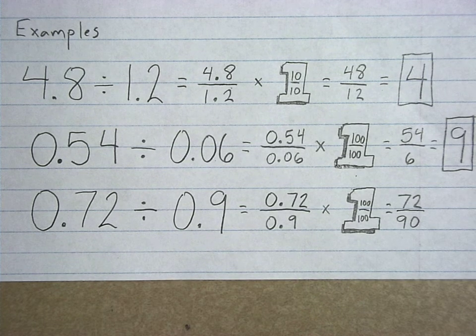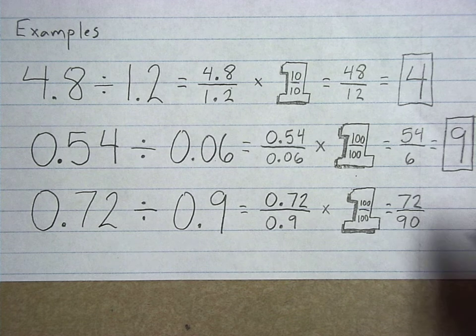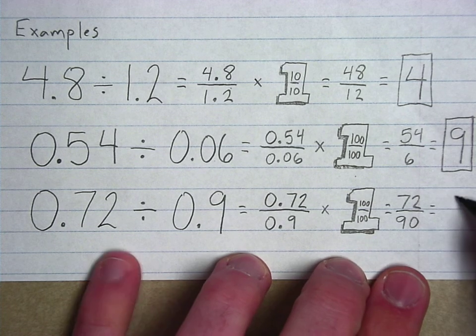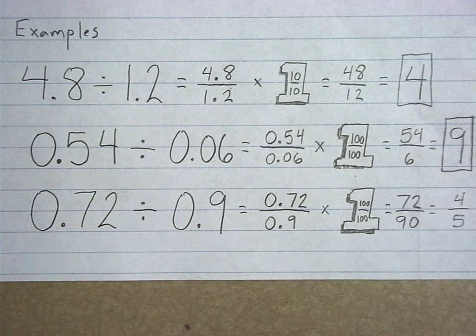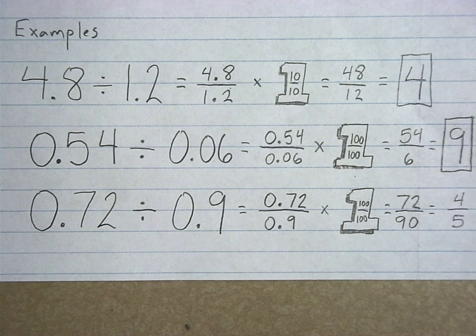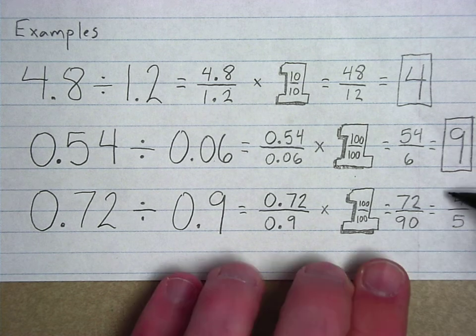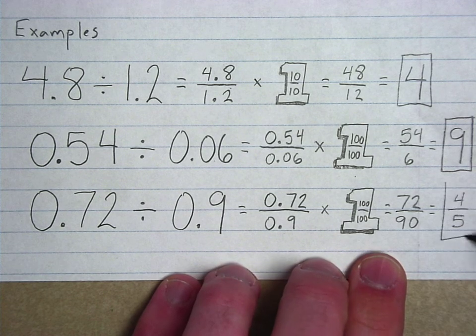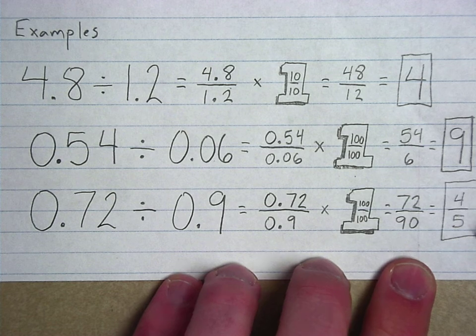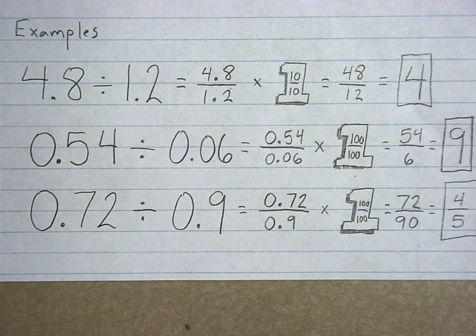Now 72 divided by 90 is not going to work evenly. But if I reduce it down, if I divide the top and the bottom by the same number, I'll get 4 over 5. Okay. And in this case, you would be dividing the top and the bottom by 18, which is a little ridiculous. So don't worry, we would probably realistically do that just a few prime numbers at a time. Divide by 2, divide by 3.